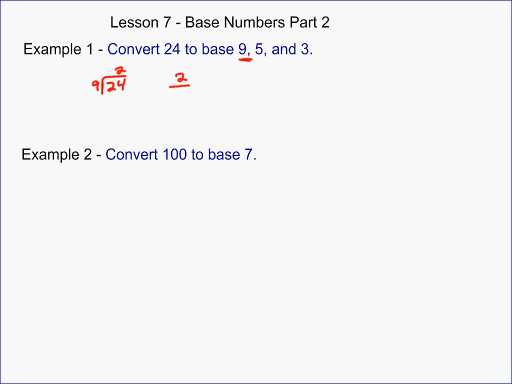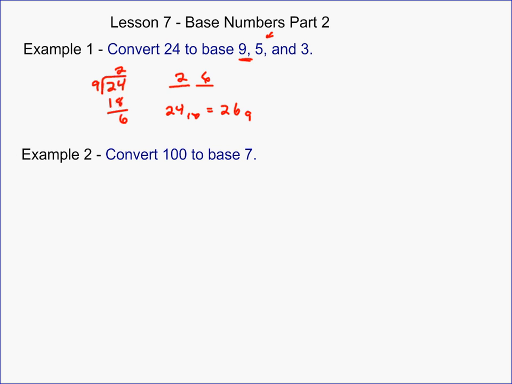Then my remainder is 6. And so how many 1s do I have? Well, I have 6. So 24 in base 9 is actually 26. So 24 base 10 is equal to 26 base 9. If I look at the 5s, well, the highest power of 5 that goes into 24 is just 5.